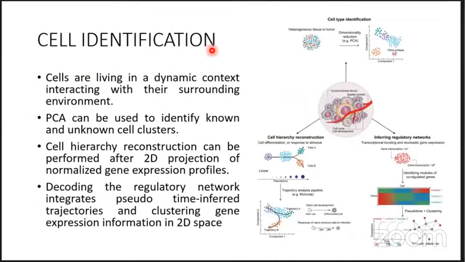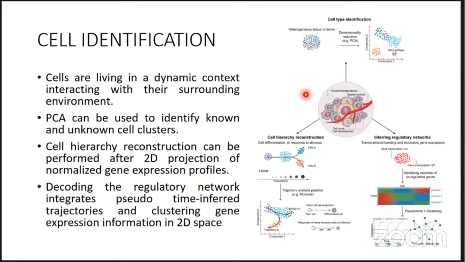So now how do we identify? The second step is very important because we have to identify these cells correctly, because the cells are living in a dynamic context, interacting with their surrounding environment. PCA, that is principal component analysis, could be used very effectively to identify known and unknown cell clusters.